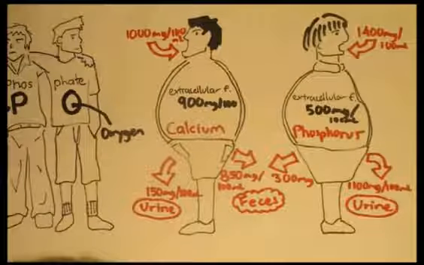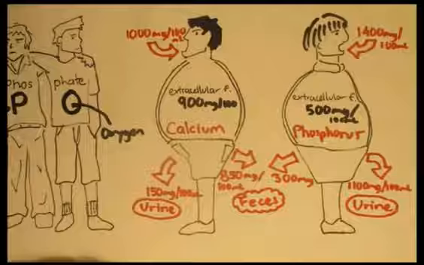So now, you probably have noticed that there is more calcium being excreted as feces, and there's more phosphorus being excreted as urine. And this is due to the homeostasis of the calcium and phosphorus within the body. And why it does this is a question we will look at next.